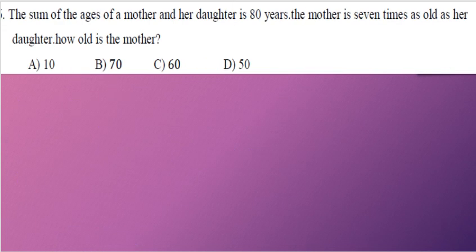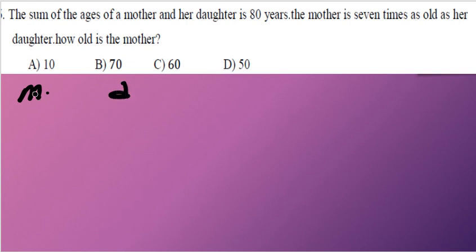The last question for today says the sum of the ages of a mother and her daughter is 80 years. The mother is 7 times as old as her daughter. How old is the mother? That means the mother's age and the daughter's age are there.